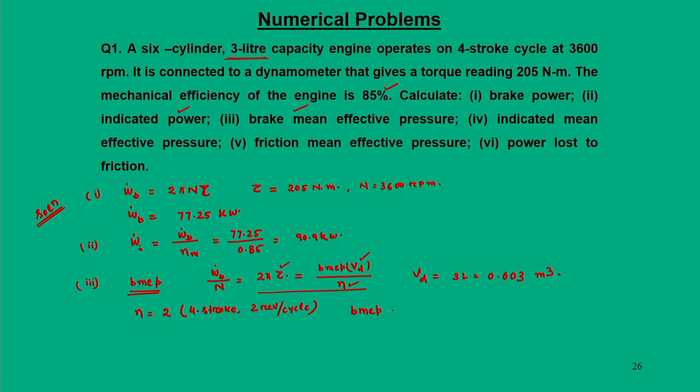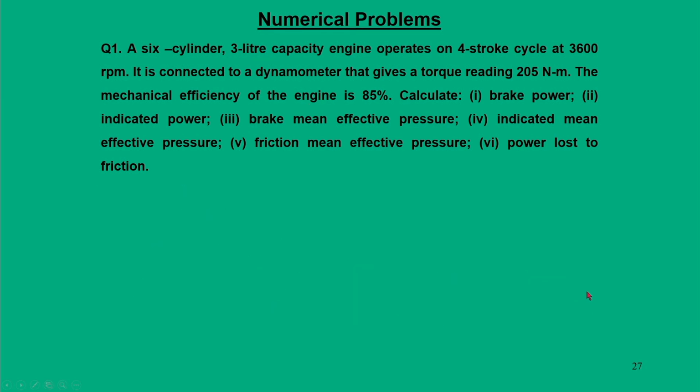Then from this expression, BMEP, the brake mean effective pressure, is equal to 2 pi tau n divided by VD. Putting all the numbers here, we can calculate it as 859 kilopascal. Then we are going to calculate the indicated mean effective pressure.